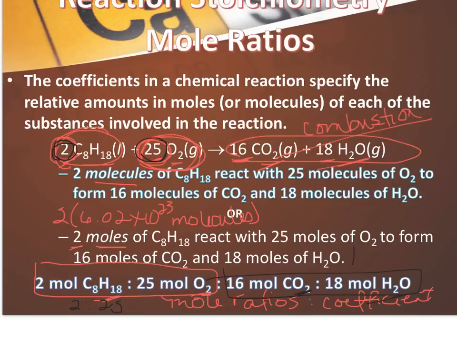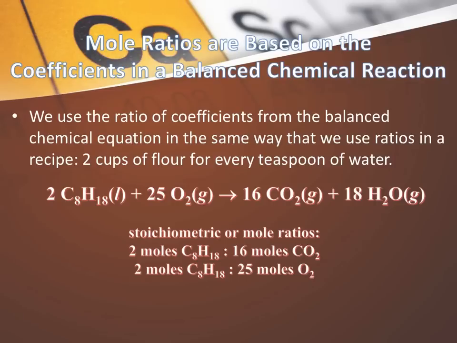It is 16 to 18. You could simplify it and say it is 8 to 9. You should be able to come up with a mole ratio of any reactant to any other reactant, or any reactant to any product, because we'll use all those mole ratios in various stoichiometric problems.